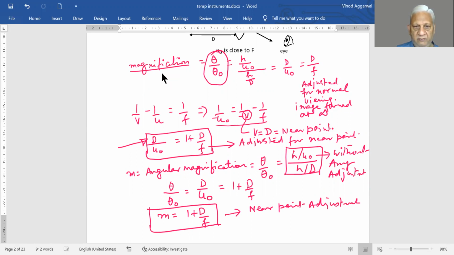What it means is we are assuming that our image is formed at near point. That is why we call it near point adjustment. Normally, near point is about 25 centimeters from the eye.